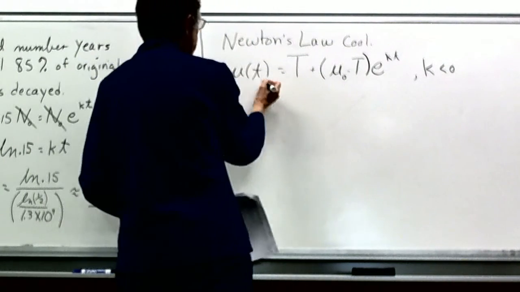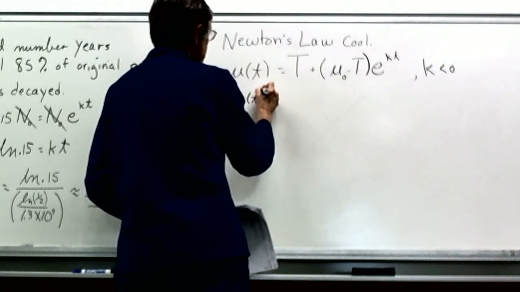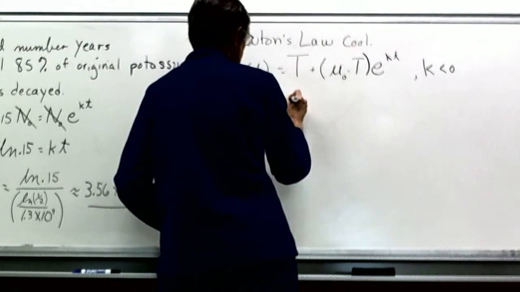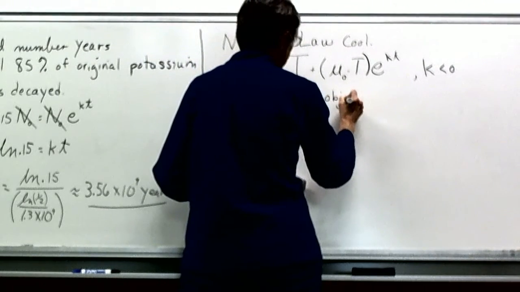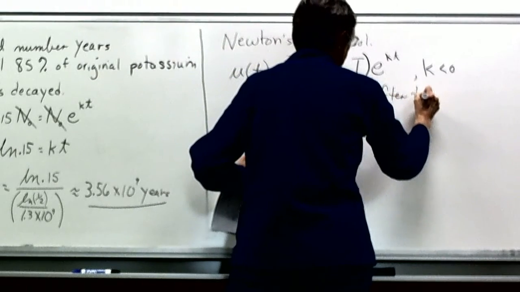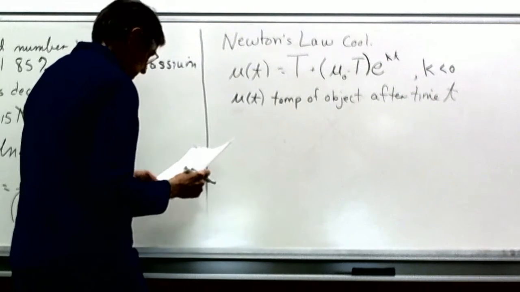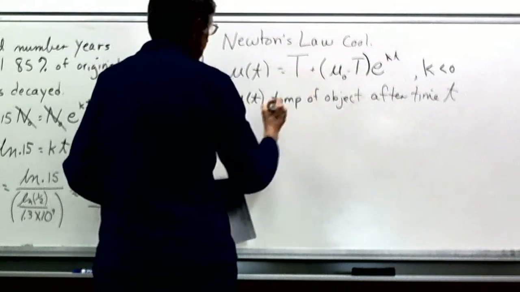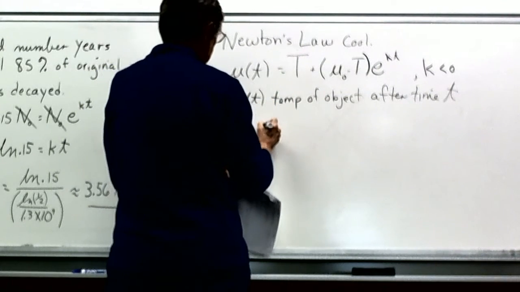Now, U of t is going to be the temperature after time t of our object. U naught is going to be the original temperature of the object.